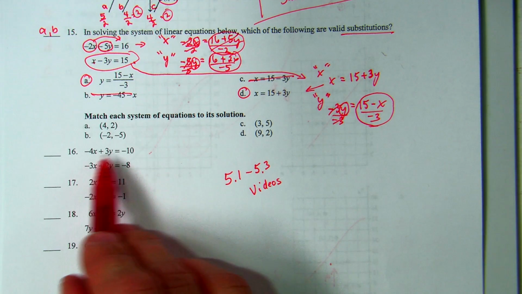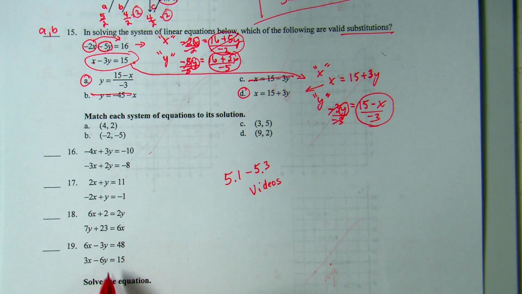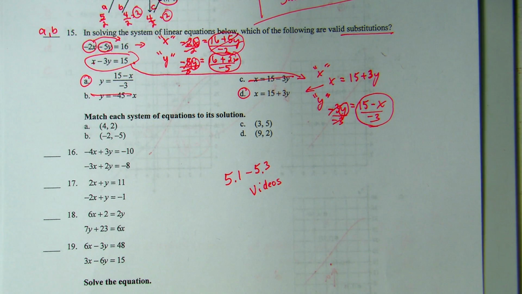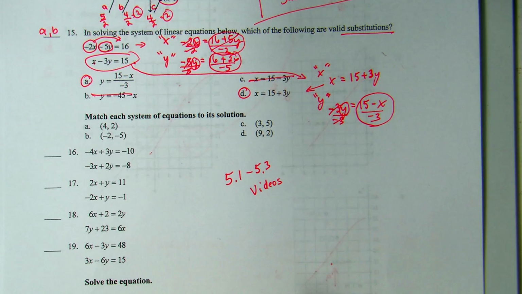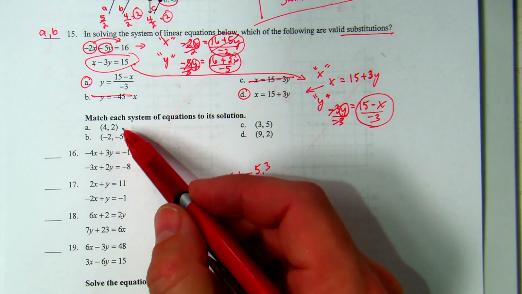We could, if we wanted, solve each system of linear equations by graphing, by substitution, or by elimination. But the simplest thing to do, and this was the first section we did in 5.1, is just plug in this value and see if it works. Remember we said, is this a valid solution to this system of equations? We saw that over and over in our notes and practice.